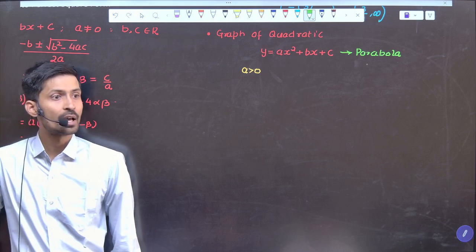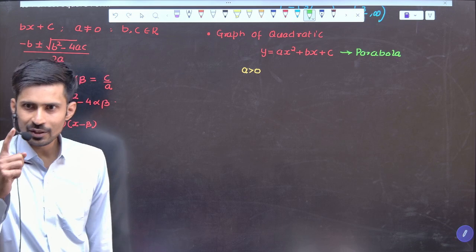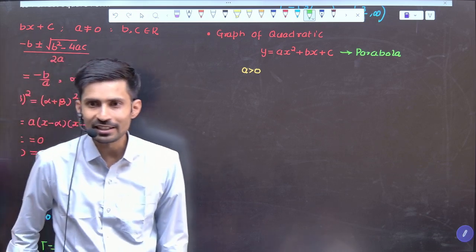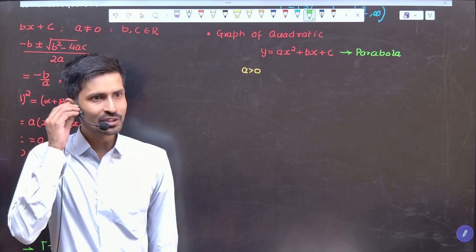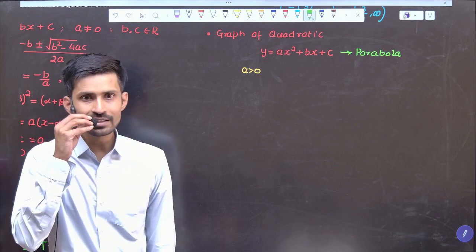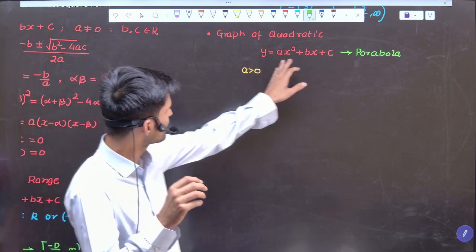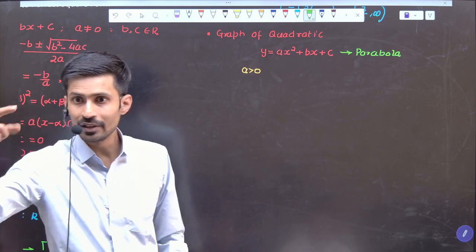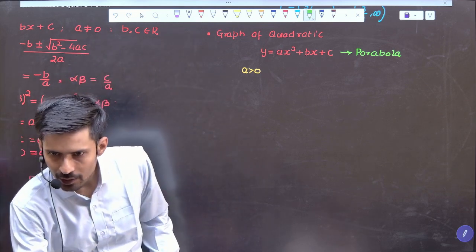This graph is a parabolic graph. Yesterday I told you, when two variables both have degree 1, that graph will represent a straight line. Now the question is, sir, how will we know whether this equation will represent a parabola or not? Can you make any sense of what is unique in this equation in degree? With the help of degree we check every time what the curve will be, na?